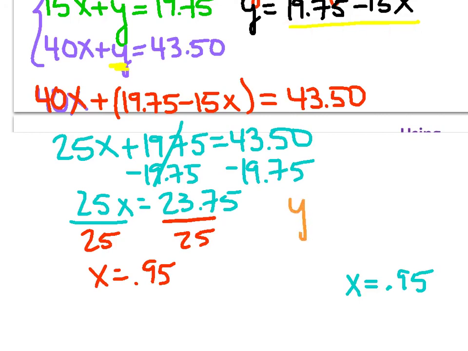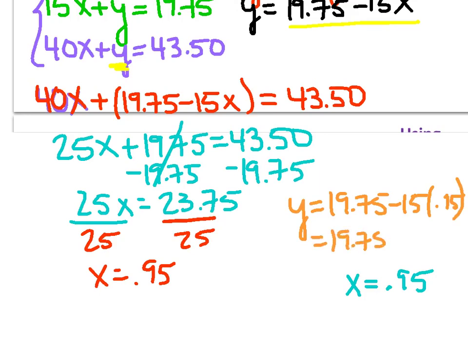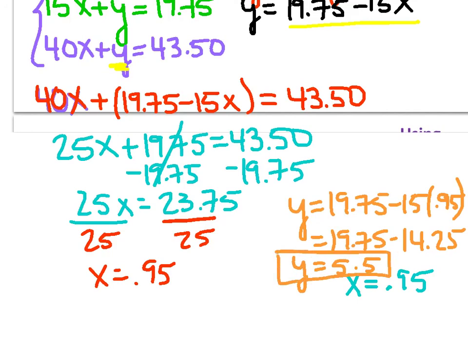So y is going to equal 1975 minus 15x, which is 0.95. So 1975 minus 15 times 0.95, it's a 9, and that's going to give me 1425. So subtracting those two values, I'm going to get 5.5 for y. Okay, so y is 5.5. x is going to be 0.95.